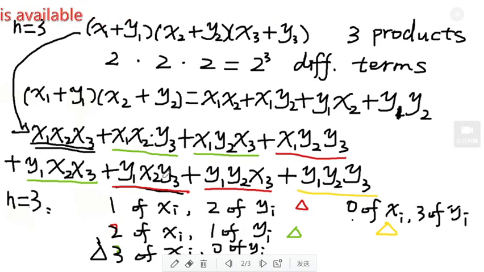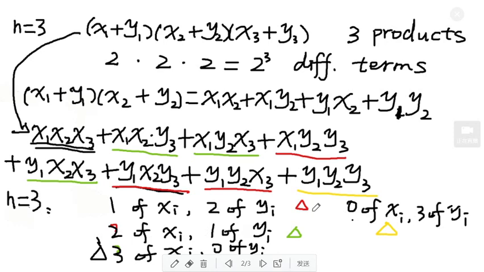The sum of x and y you choose should be 3 in total. 1x, 2y; 2x, 1y. If 3x, then it's 0y. If 0 for x, then y should be 3. Make sense? So the sum of all those numbers should be 3.